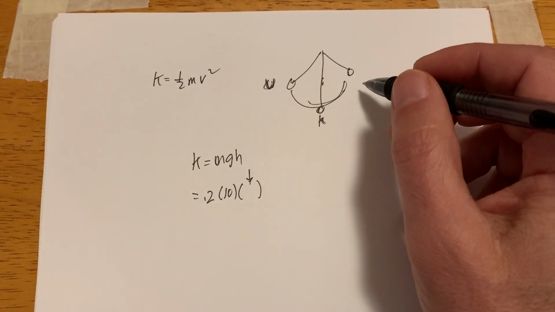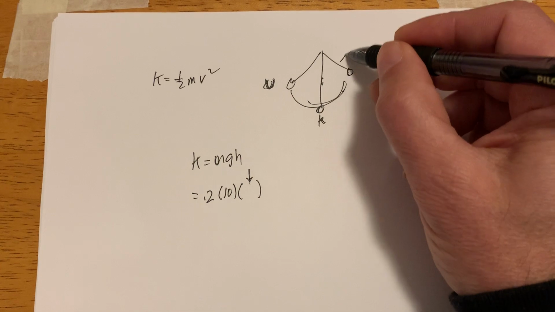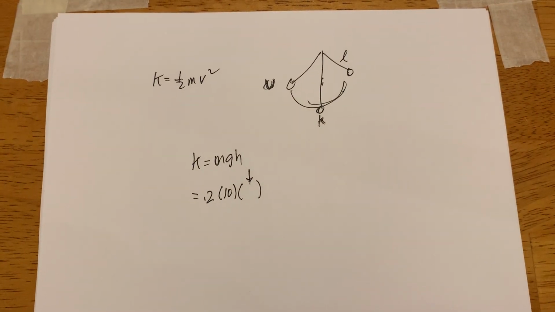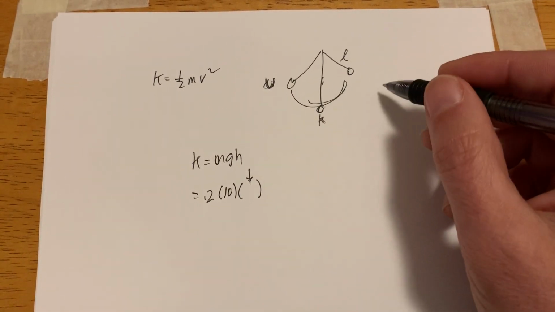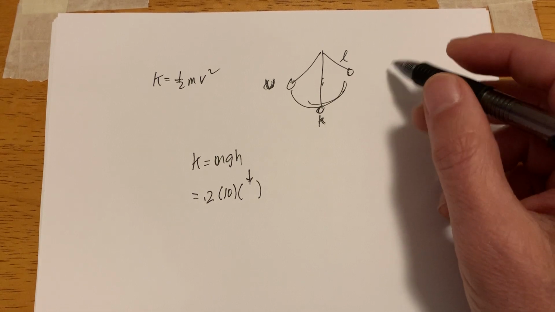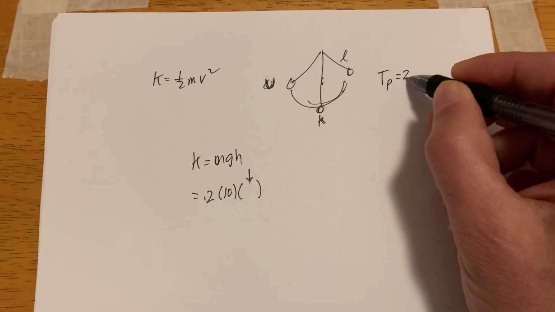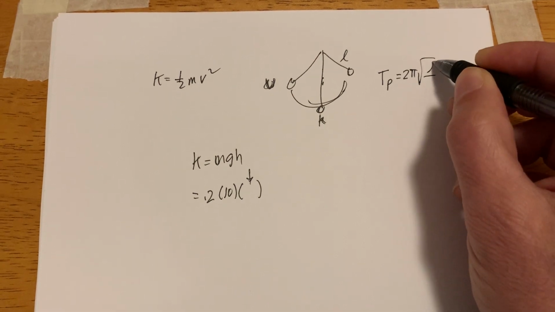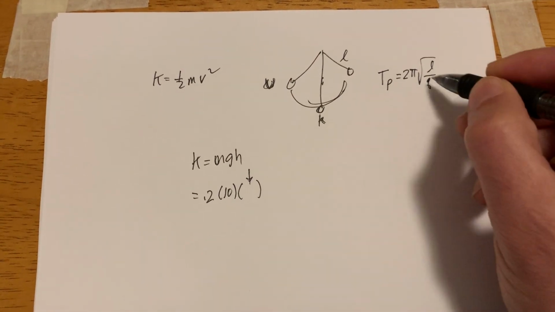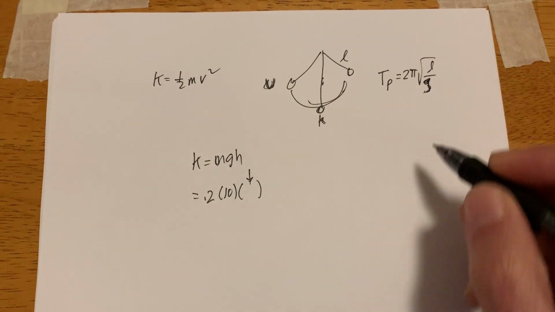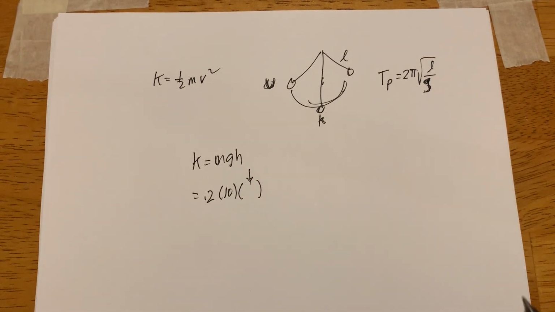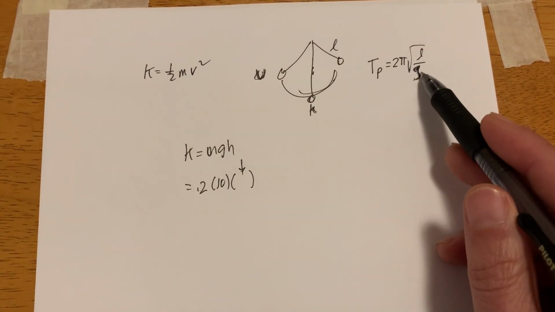To get the height, no matter what, I'm going to need to find this length, right? So how do I find the length of a pendulum? Well, if you look at your reference table, the period of a pendulum is equal to 2 pi radical L over g. All right, I want L, I know g.